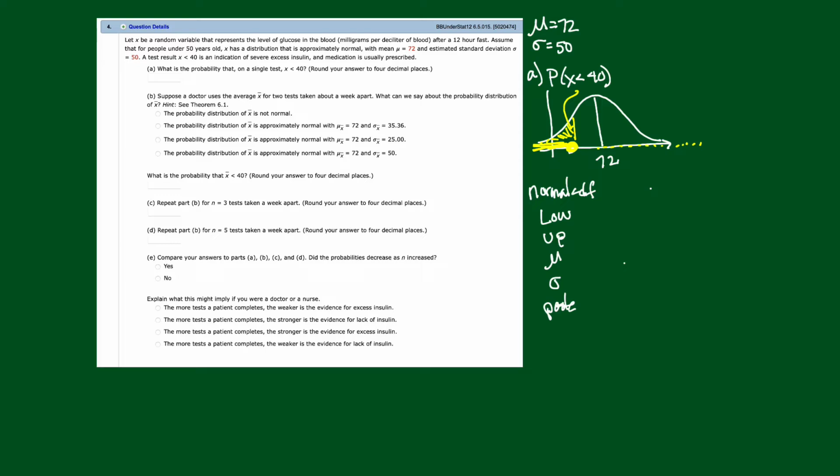So what is the low? Now the low, look at your picture. Why it's nice to have a picture. What's the low? Well, this goes all the way out to negative infinity. By the diagram, this area, the interval, goes to negative infinity. Practically, though, what's the lowest blood glucose level you can have?